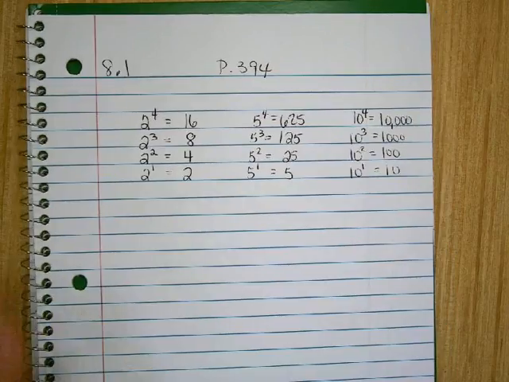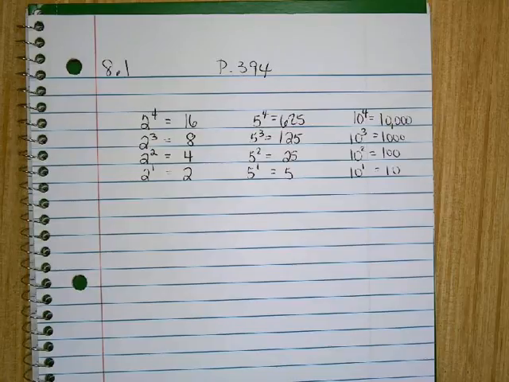I want you to look at these lists, and I want you to look at their values as you go down the list. So let's focus on the first list. Describe to me what happens as you move from 16 to 8 to 4 to 2. Dividing by 2. That's what's happening every single time.